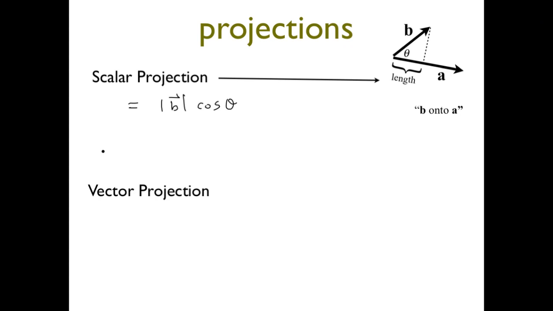But remember, what is A dot B? The product of their magnitudes, in as much as they're in the same direction. So, do you see another way that we could write magnitude of B cosine theta? You see it's right there.